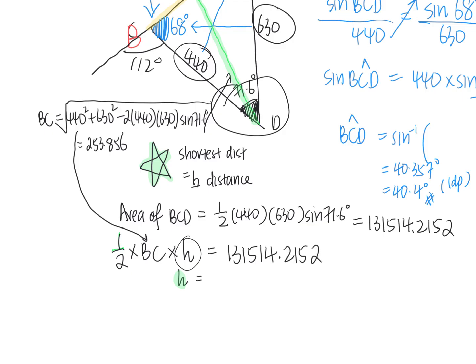What was the answer written there? 408. Yours is what? I got 229. Finding B, I got 229. Oh, 71? Oh, sorry, I'm blind. 71.6. Yeah.